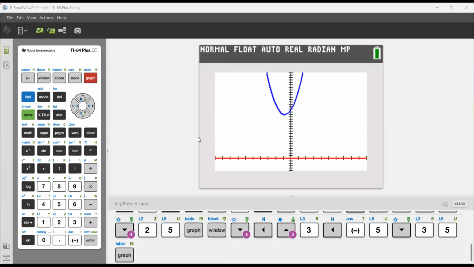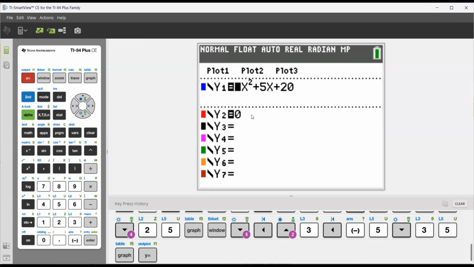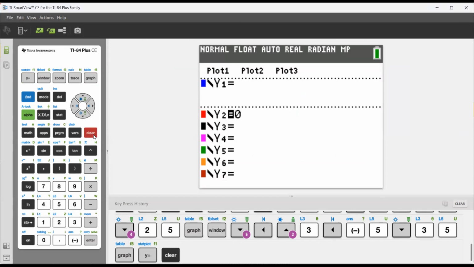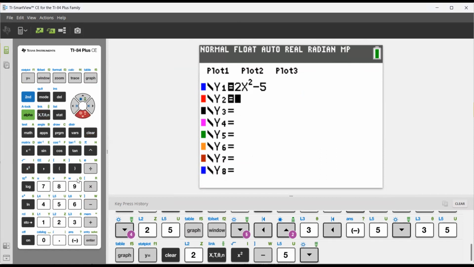All right. So we go to y equals, and then we're going to erase this. What did we have for our function? We have 2x squared minus 5. Then our y2 is going to be 6. Okay, y2 is going to be 6.